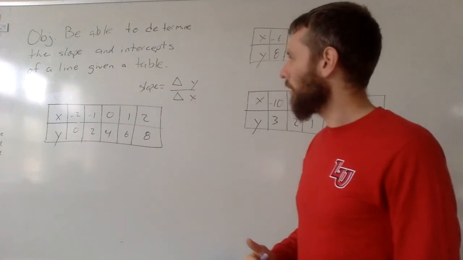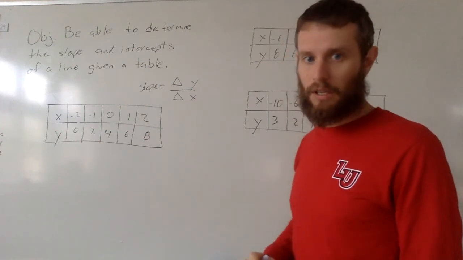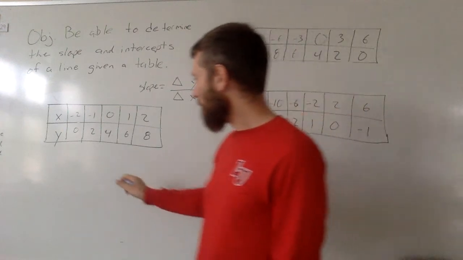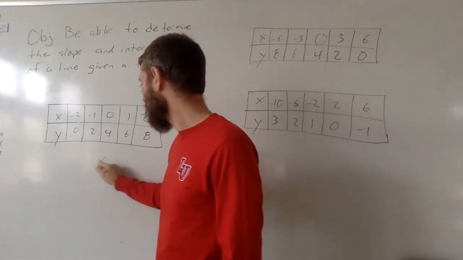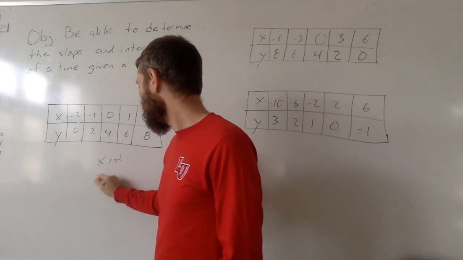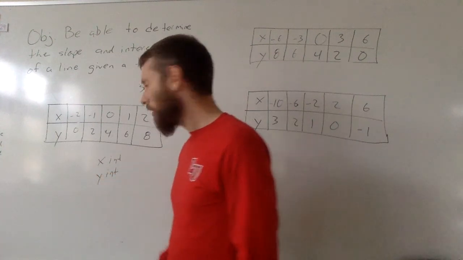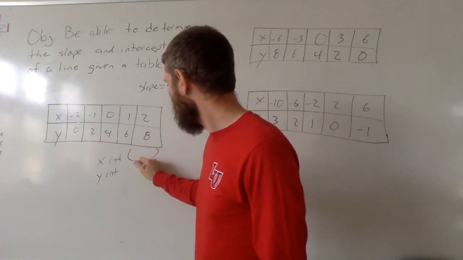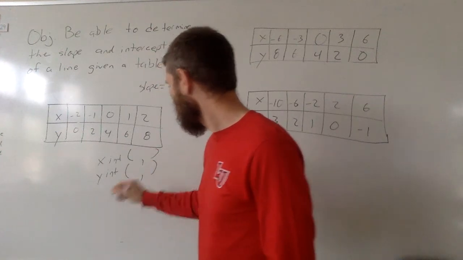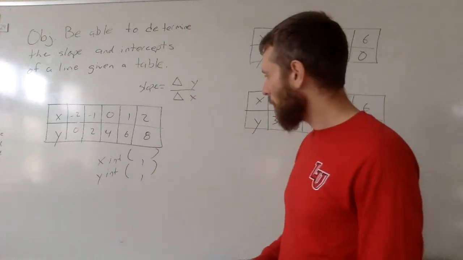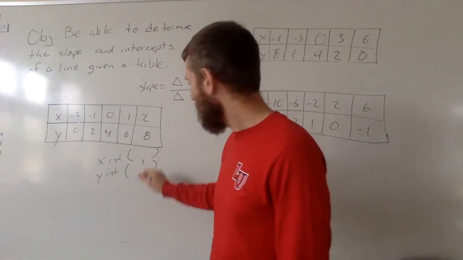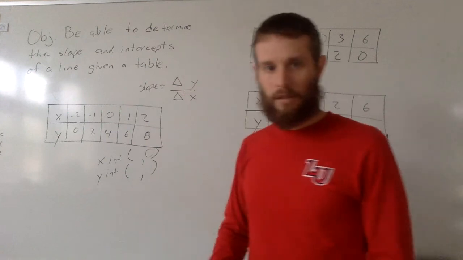So let's look at some tables and see if we can make some inferences from them, about the x and the y intercept. We know that for the x-intercept, we have the coordinates something comma something, that's x comma y, and for the x-intercept, x is usually a number, and the y is 0.